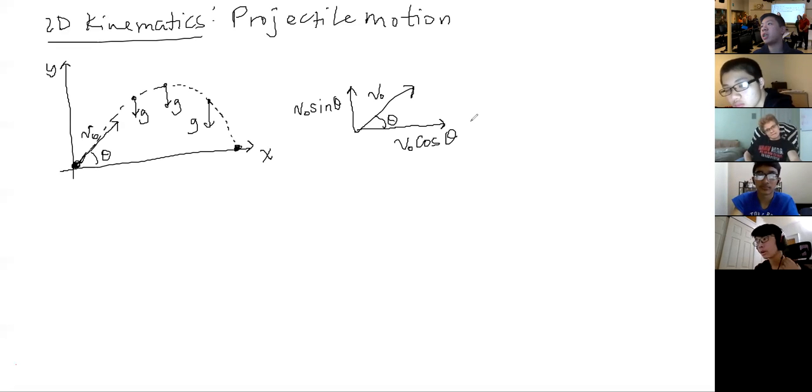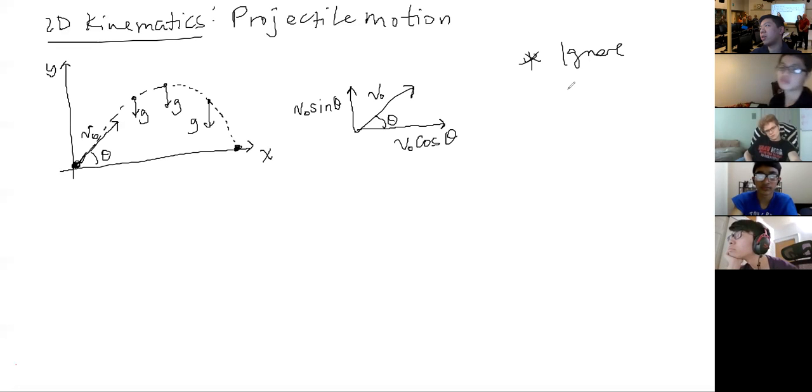Is that going to change at all throughout the course of motion? No, sir. And why not? Because we're ignoring air friction, but that goes for pretty much every high school physics question.